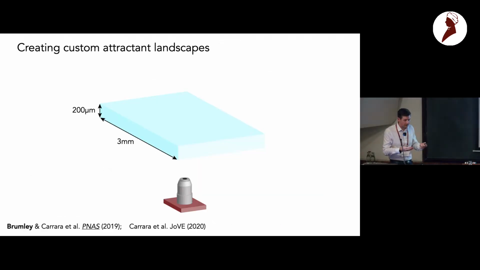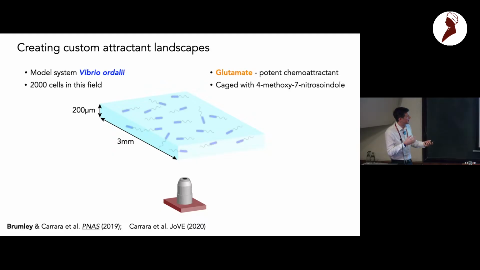This is work in collaboration with long-term collaborators at ETH Zurich, and experiments led by Francesco Carrara. We developed this microfluidic platform that enables us to release a microscopic quantity of nutrients about 1 million times smaller than a single grain of sugar.